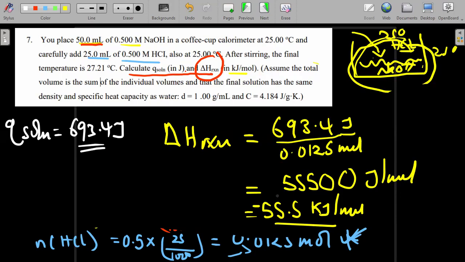So this here will be our correct answer. Our final answer will be minus 55.5 kilojoules per mole.